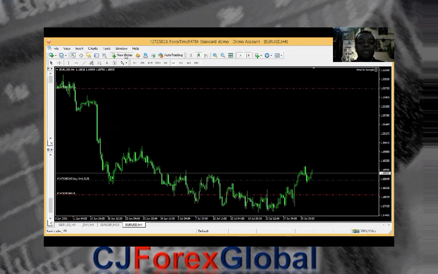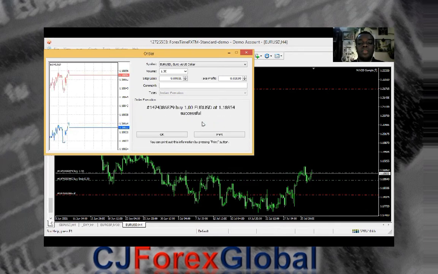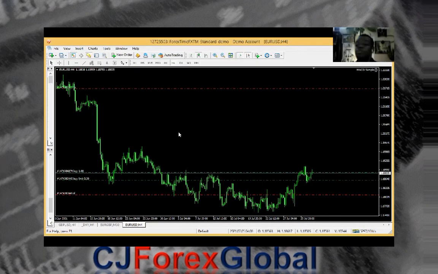I just go to place order and buy. I bought without calculating my stop loss, without calculating my risk, and I don't recommend instant execution because it's very dangerous. For those of you who love trading immediately, you don't have to do that, because that is one of the challenges most traders have. They always place instant execution.